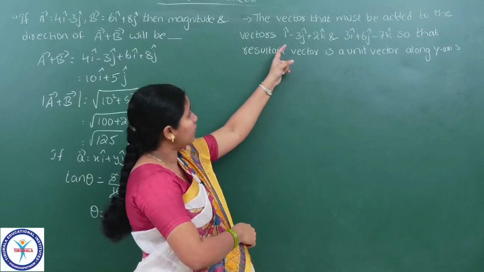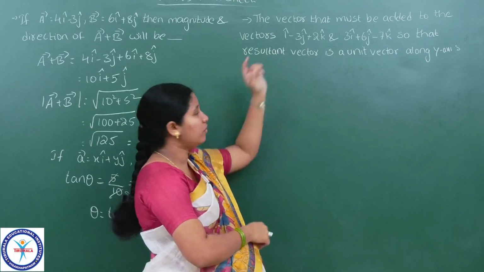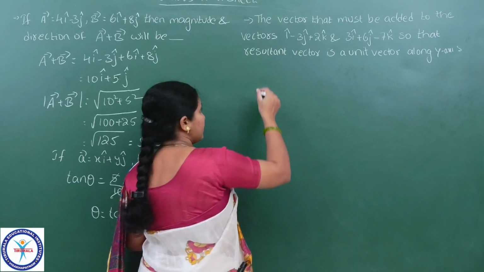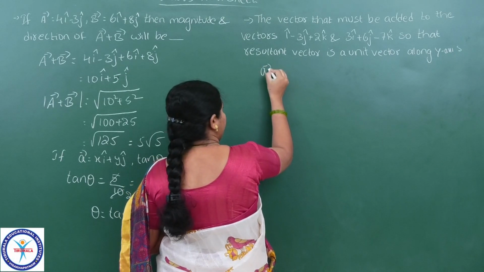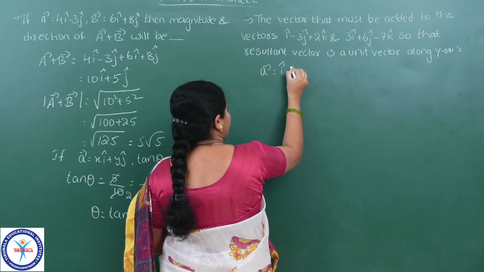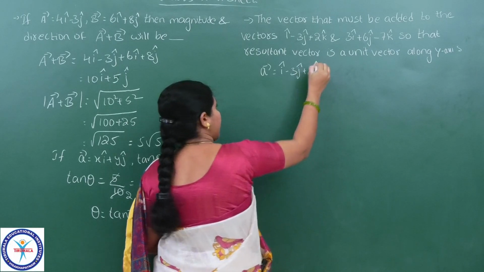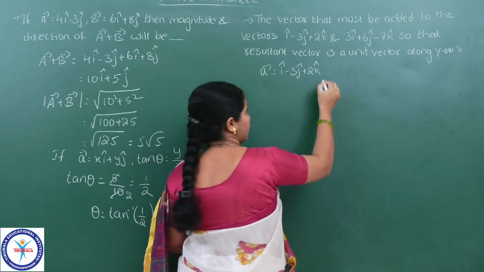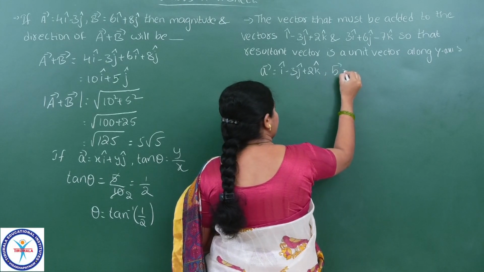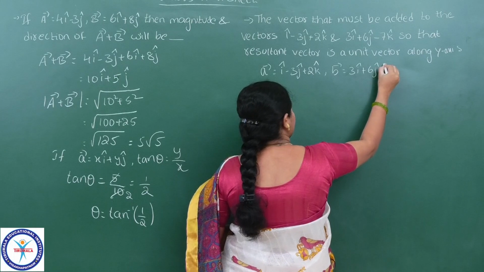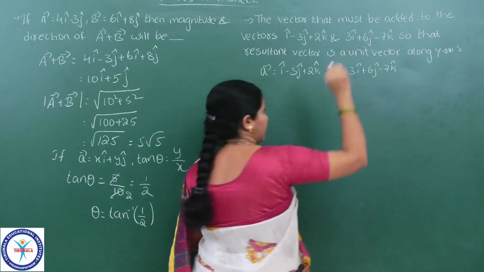Next, find the vector that must be added to two given vectors. Let us consider the first vector A bar equal to i cap minus 3j cap plus 2k cap, and the second vector B bar equal to 3i cap plus 6j cap minus 7k cap.